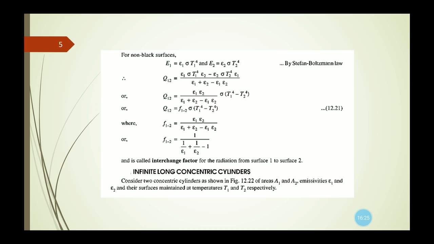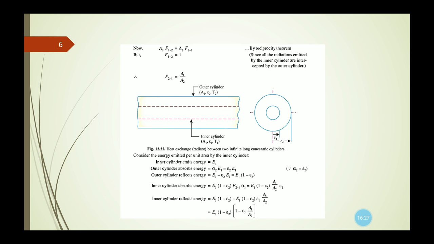So this is the diagram that you can see here. So infinite long concentric cylinders have been considered here. So two infinite long concentric cylinders we have considered, which are having areas A1 and A2.